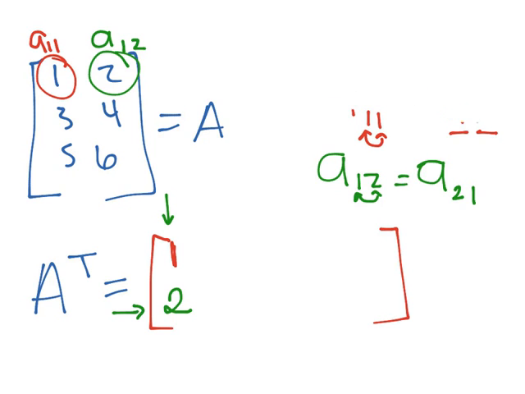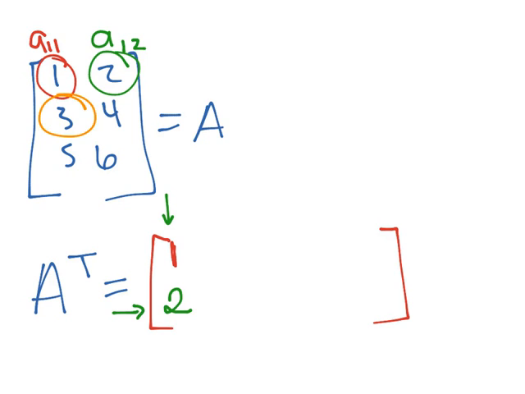We will repeat the same procedure for all the other ones. The 3 is in our first column, so now we'll put it in our first row, and it's in our second row, so we will put it in the second column. So here comes the 3.